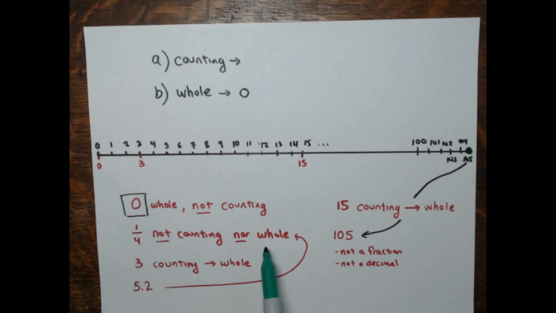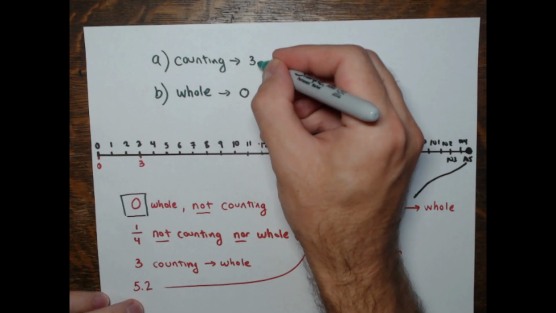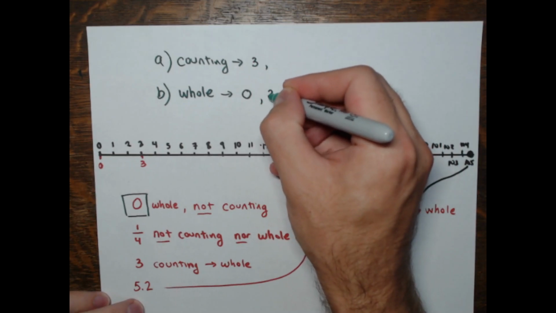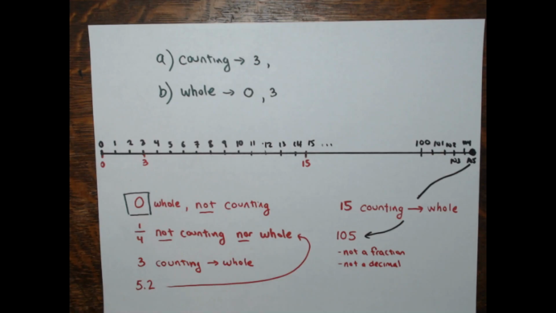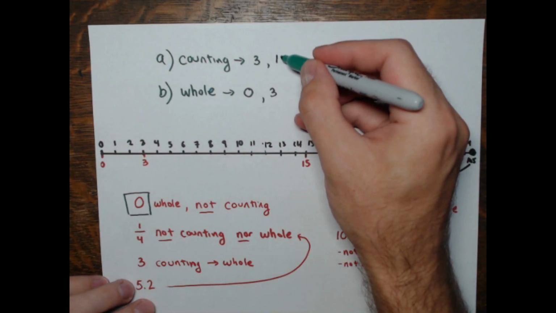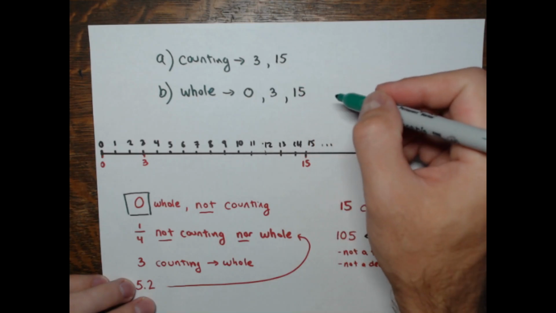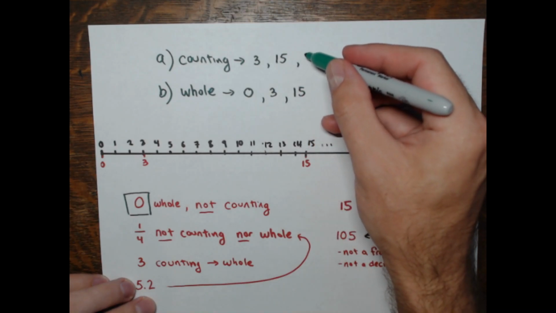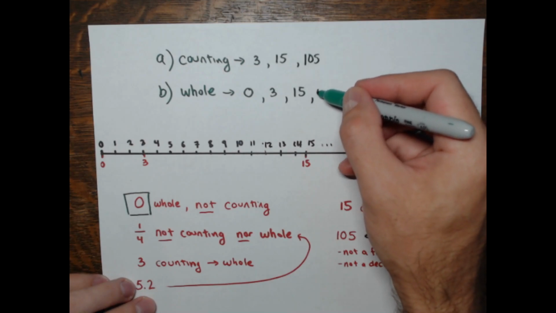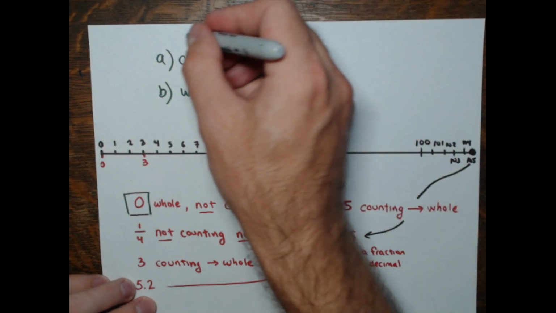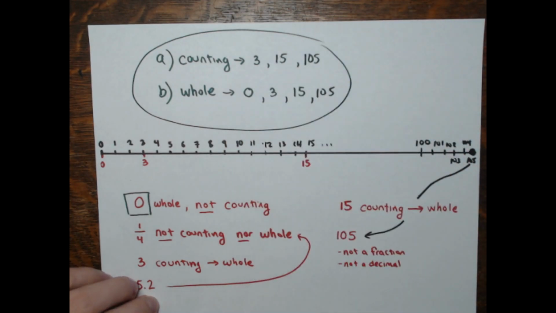A quarter is neither. 5.2 is neither. 3 was both. So you're going to have 3 on both of these lists. It's whole and counting. And same thing with 15. 15 is counting, and any counting number is also considered whole. And same with 105. All right, so here are the answers to example 1.1.